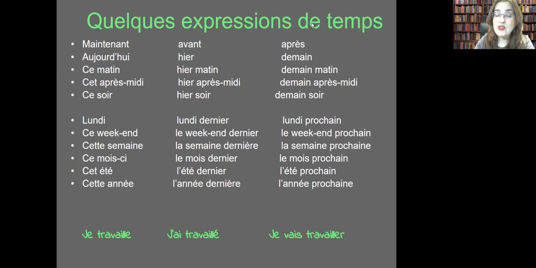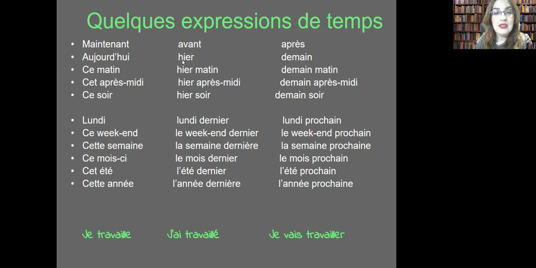D'accord? So, quelques expressions de temps, some expressions of time. This will help you write better paragraphs. Maintenant, now, aujourd'hui, today, ce matin, this morning, cet après-midi, this afternoon, ce soir. Then we continue.